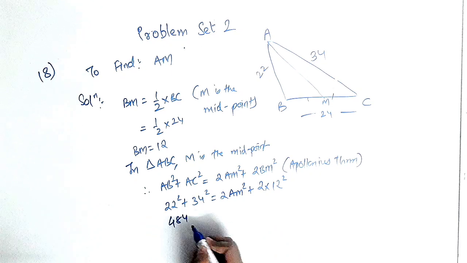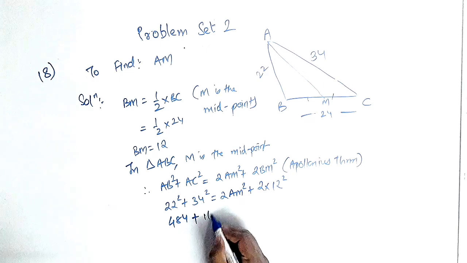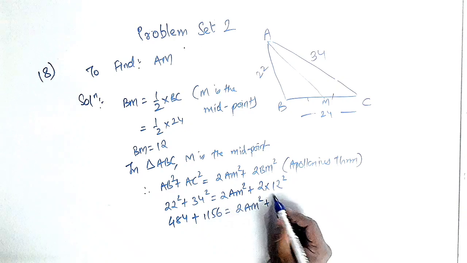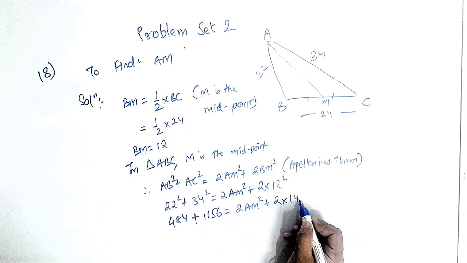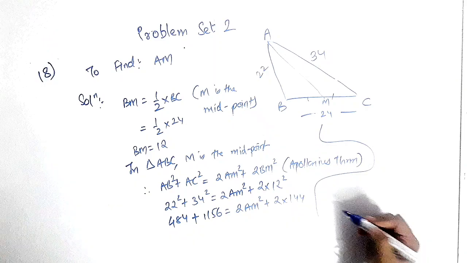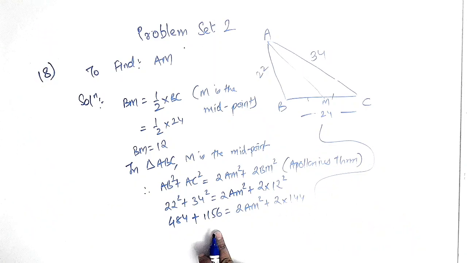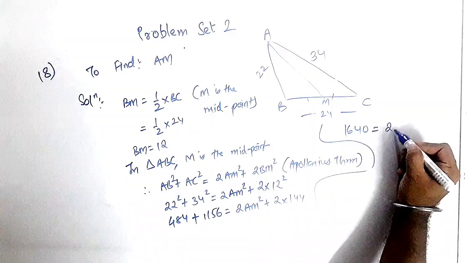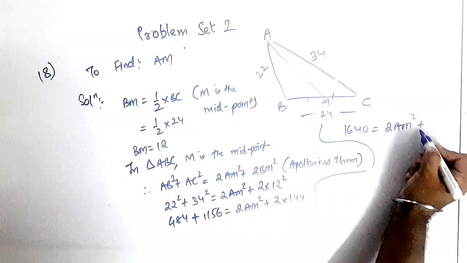Okay, 22 square, you know, square of 22 is 484. Square of 34 is 1156. 2AM square plus 2 into 12 square is easy, 144. Okay, what is 484 plus 1156? It is 1640.